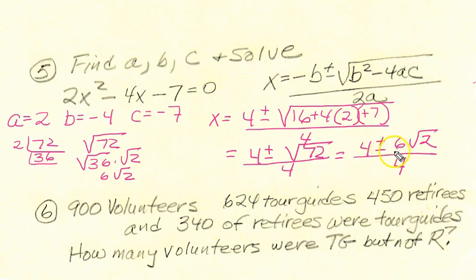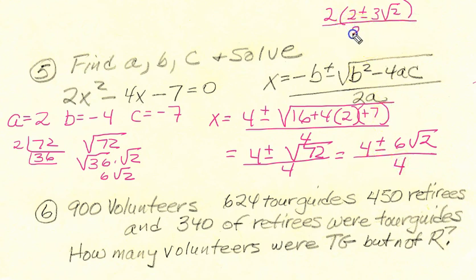And as you probably can imagine now, this, we can factor a 2 out of there. So I'm running out of room, so I'll put it up here. So this will be 2 times 2 plus or minus 3, the square root of 2, all over 2.